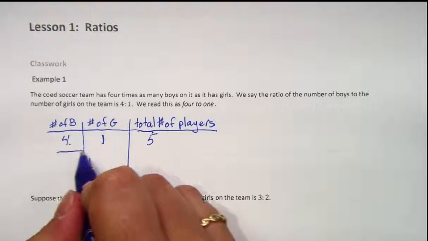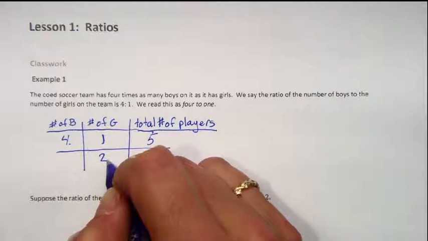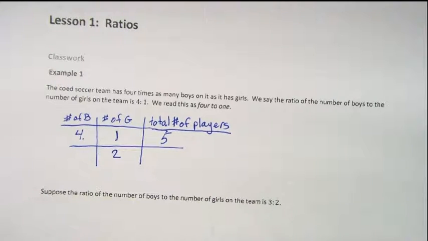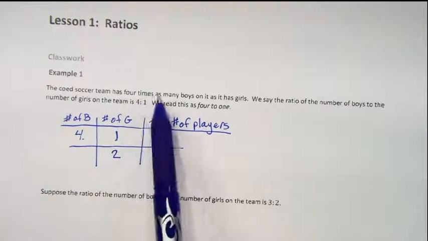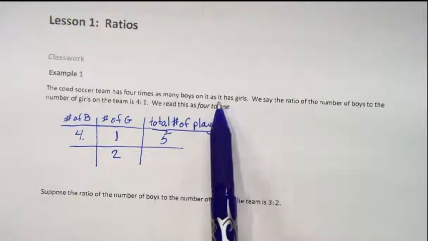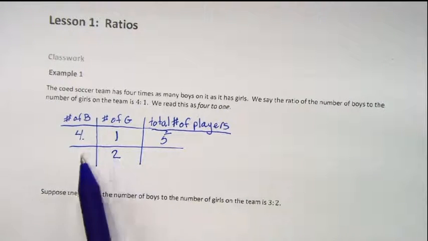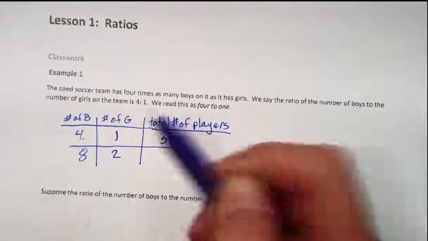Now we can have a team that is bigger than just 5 players. So what if there are 2 girls on the team? How many boys would there be on the team? Well, we know there are 4 times as many boys as girls. So 4 times the number of girls gives us the number of boys. 2 times 4 is 8.